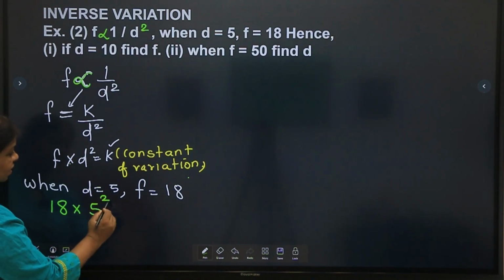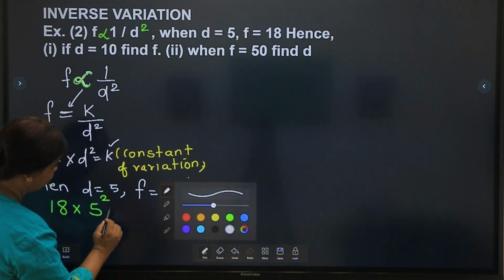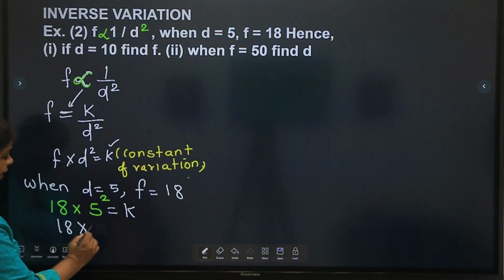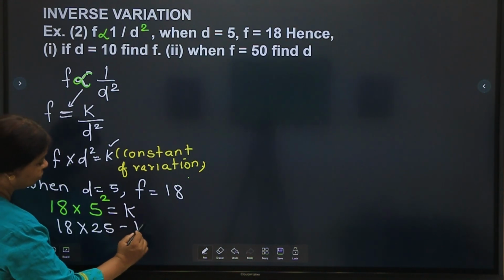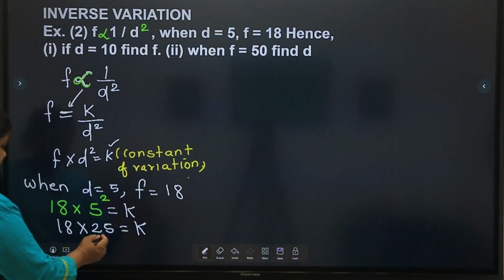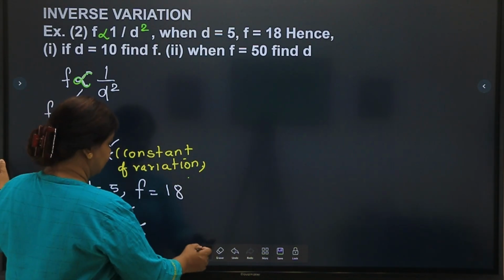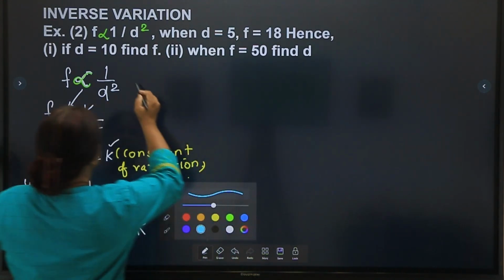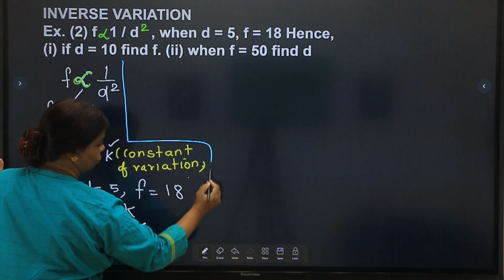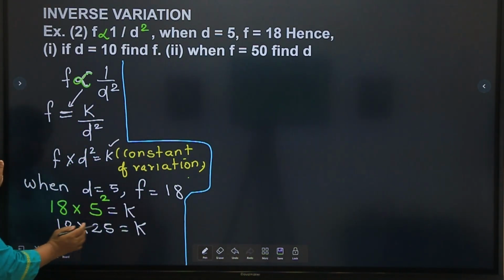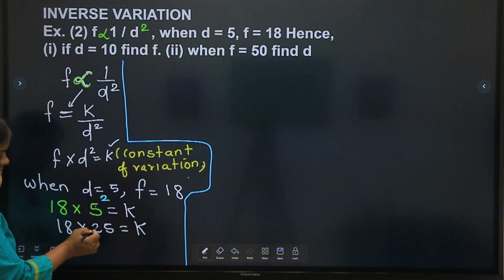So 5 square, which is equal to K. 18 into 25 is equal to K. I'll multiply this side here so that you know how to multiply. I need to multiply 18 into 25. How did this 25 come? 5 square. If it's square, it will be 25.